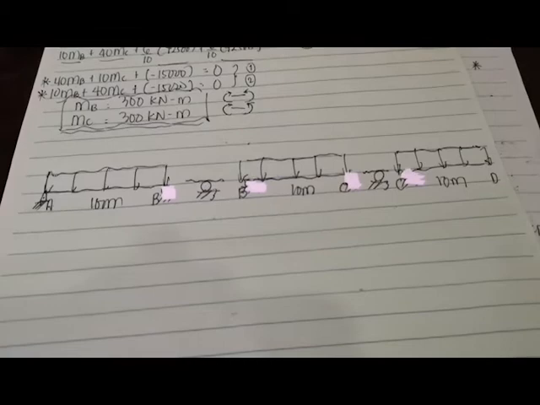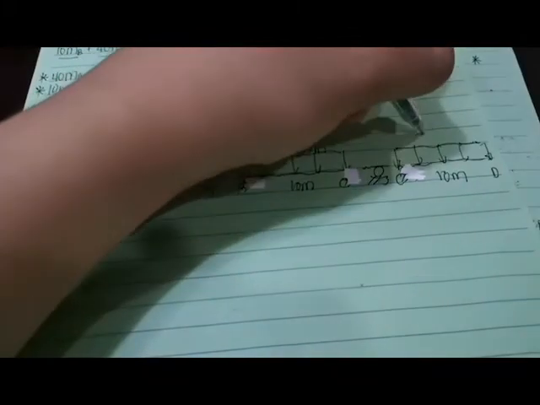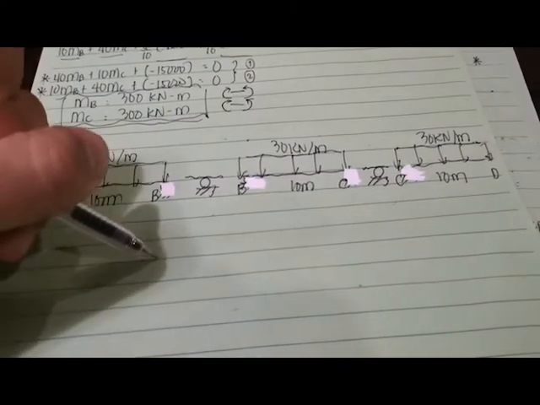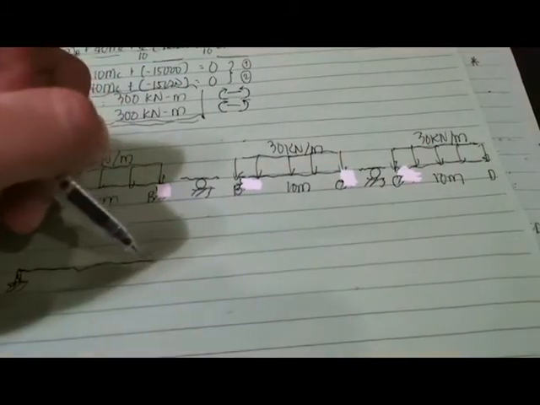From the principle of superposition, from the method of consistent deformation, concerning internal moments as redundants, we assume that every span is a simply supported beam. So now we remove all the loads. This is 30 kilonewton per meter, 30 kilonewton per meter, and 30 kilonewton per meter. We remove all of them, and we now put all the internal moments that we have solved.